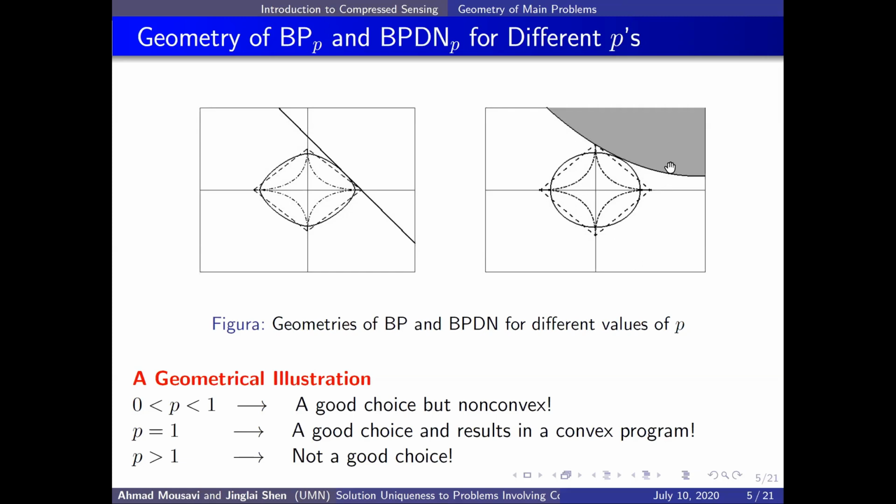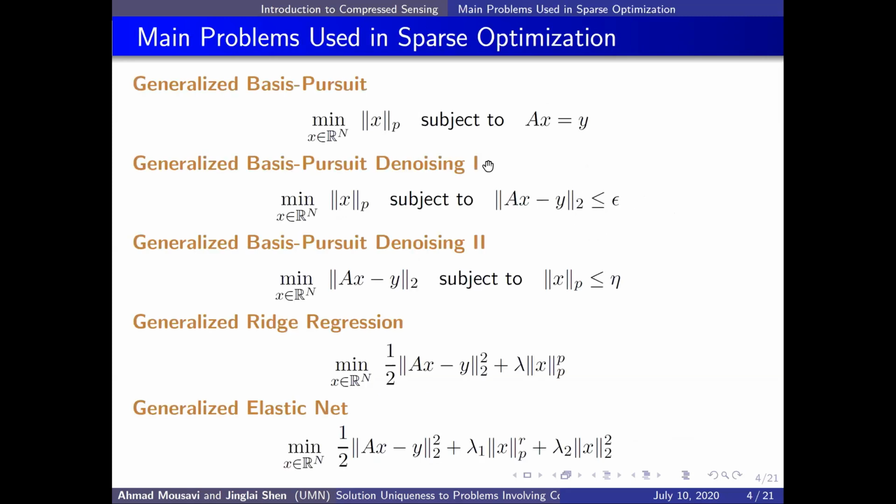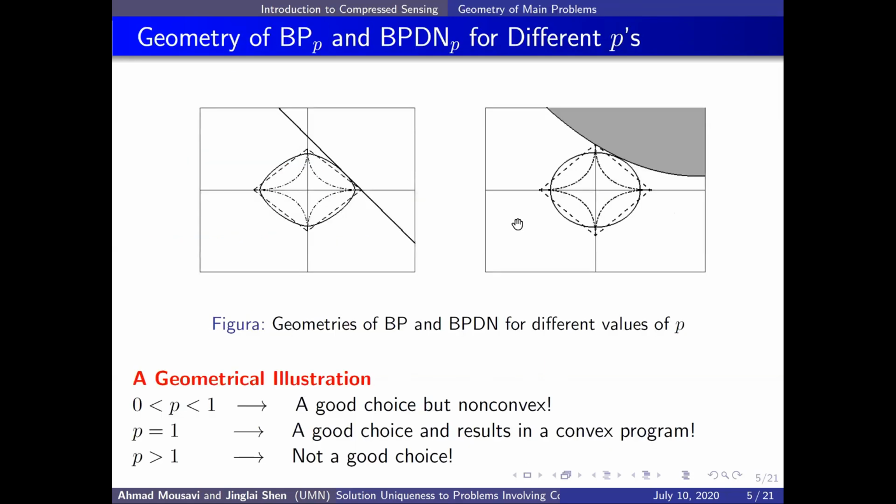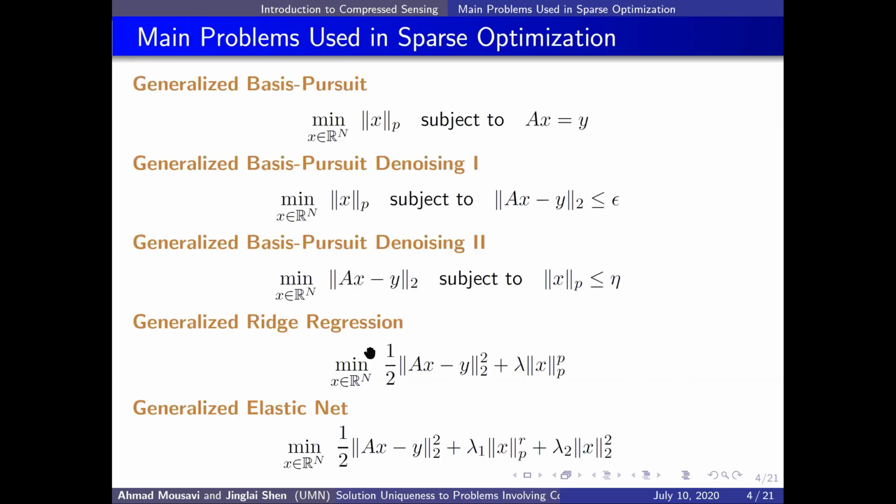And here is the geometry when you have the second case here, and you can assume that A is generic, this gives you an ellipsoid as the feasible set, and the same geometry goes on. So P equal to 1 is a good choice, and it actually results in a convex program, but it has some issues.